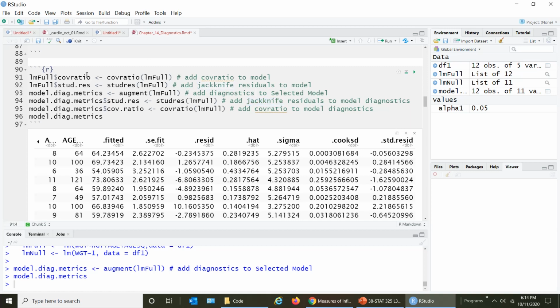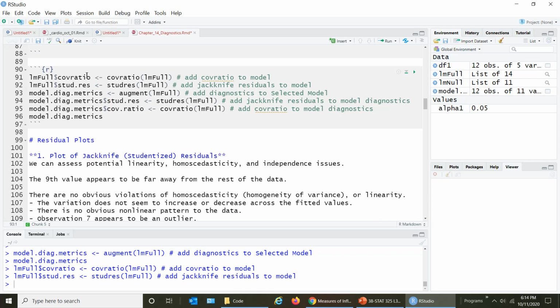So I'm going to add this to the full, but I really didn't end up using that after all. So I'm adding the Cov ratio here, and I'm adding the studentized residual here using these functions. All right. Cov ratio and stud res.